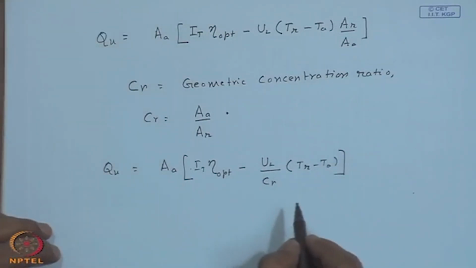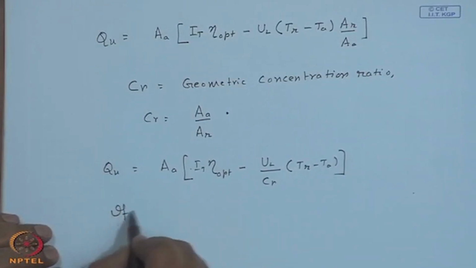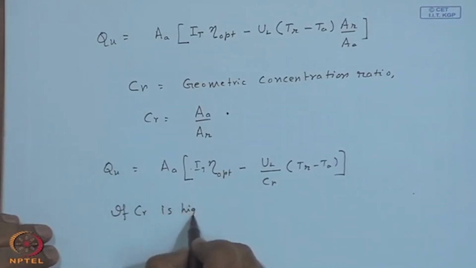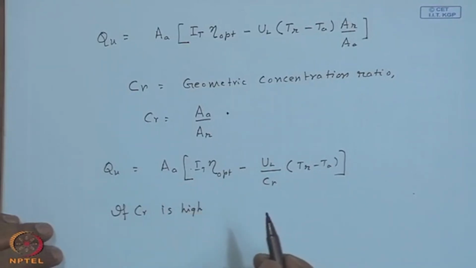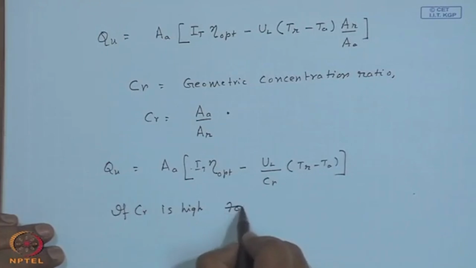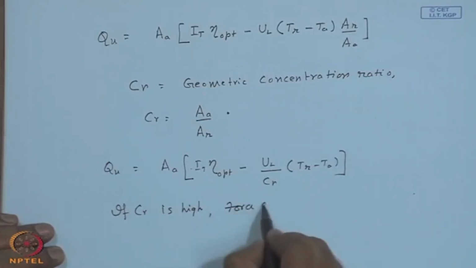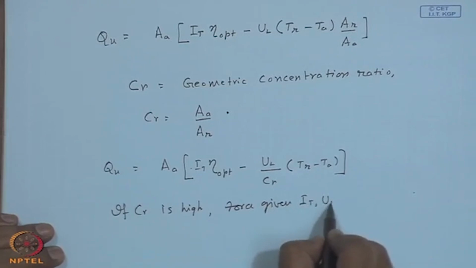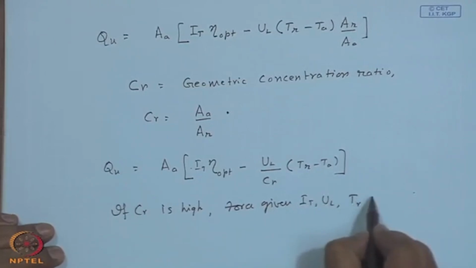Now, this clearly shows that if Cr is high, of course, it is greater than unity in order that there is concentration and not diffusion, then for a given eta, Tr can be high.